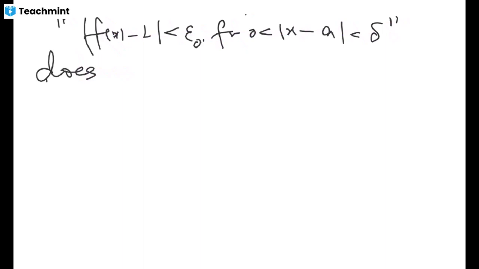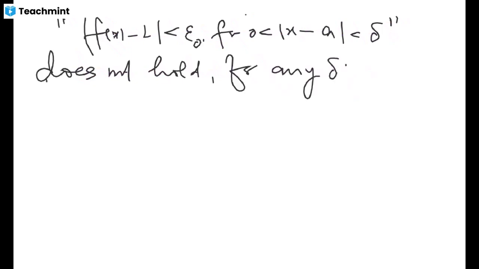This will not hold for any delta, whatever delta you choose, for this choice of epsilon naught, if you suppose that the limit of the function doesn't exist.